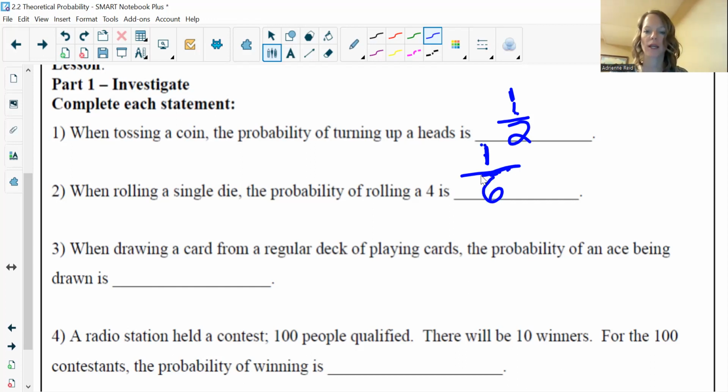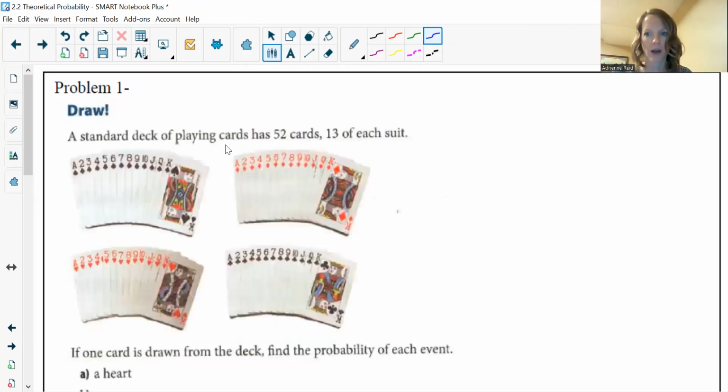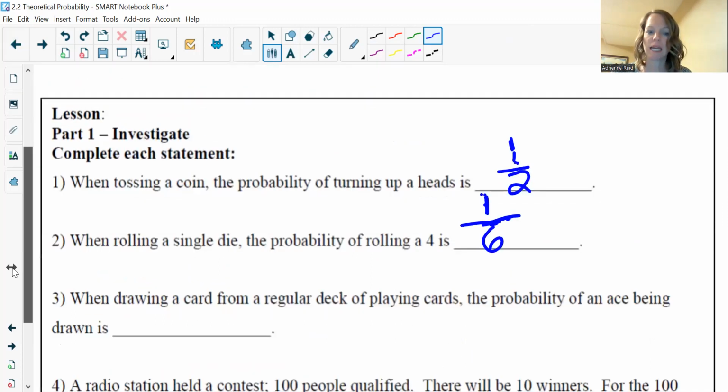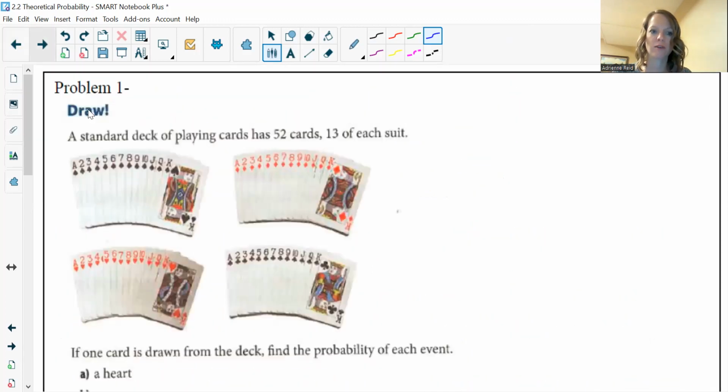So how about drawing from a deck of cards, a regular deck of cards, an ace? So if you can't picture what a deck of cards looks like, then flip to the next page. And here is a deck of cards. It's not in color in your packet, but if you look here, I can see hearts, diamonds, spades, and clubs. And this question is asking me about drawing an ace. So how many aces are there? Well, there's an ace of spades, diamonds, hearts, and clubs.